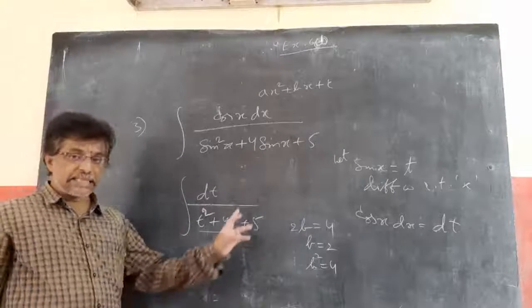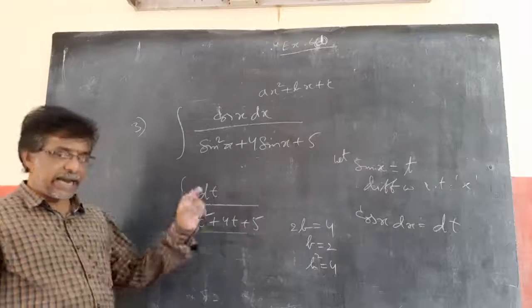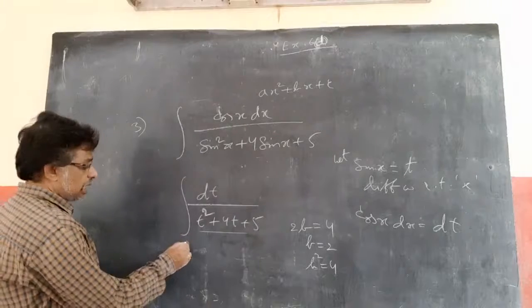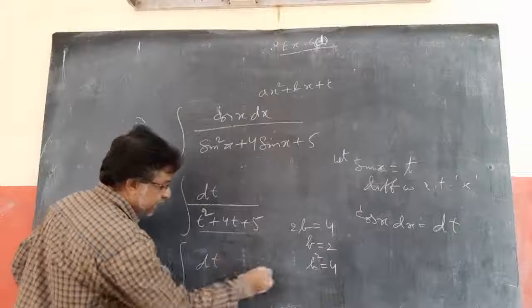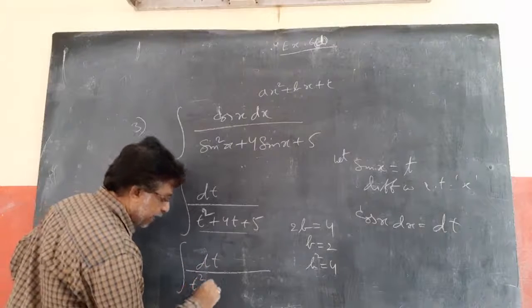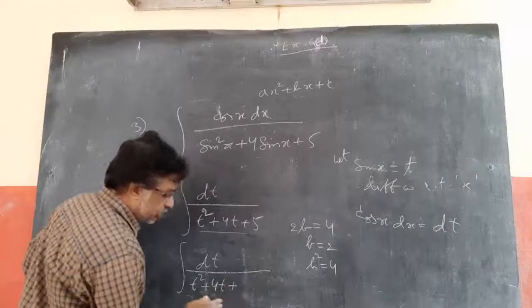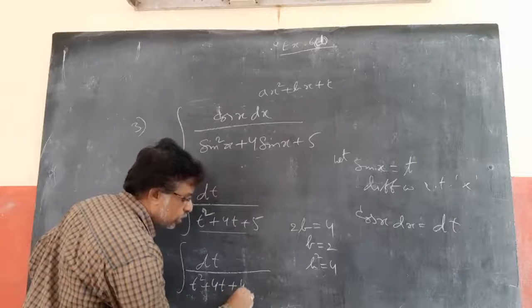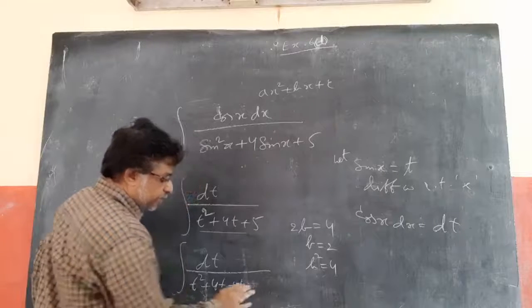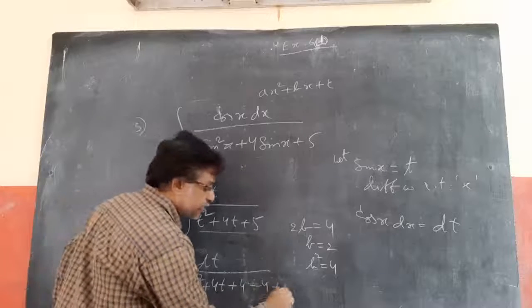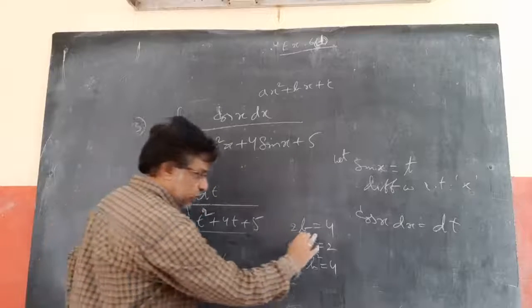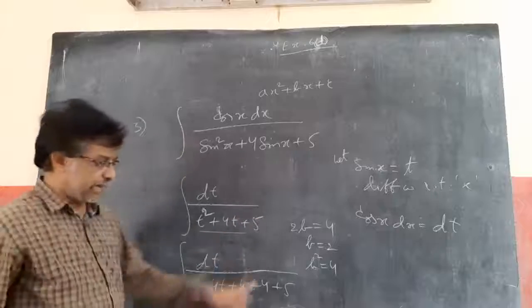Now, adding and subtracting b square. Always it will be completing square. So dt by t square plus 4t plus 4, I am doing plus 4, so I should do minus 4, so that the value will not change, plus 5. I am finding 2b as the coefficient and I am finding b square.